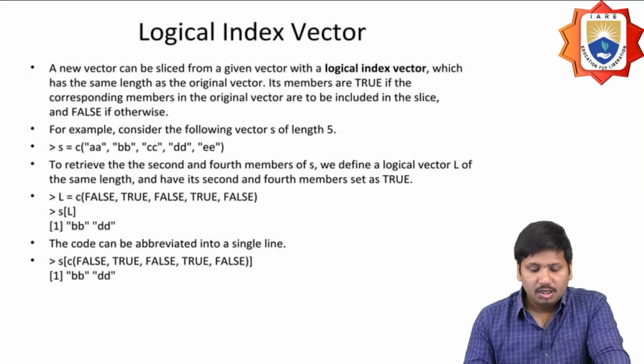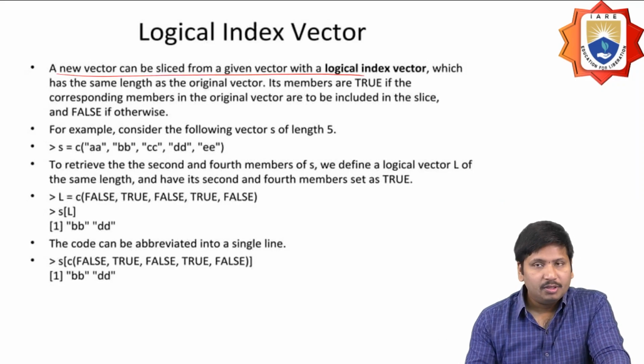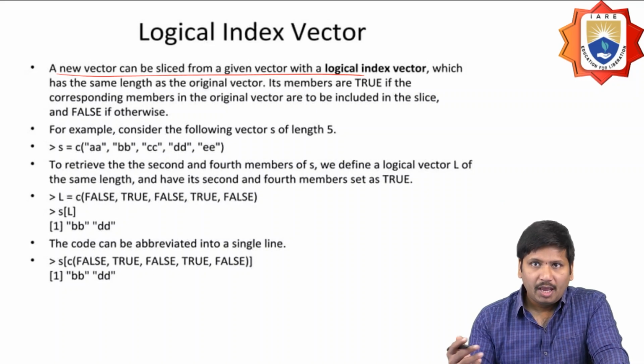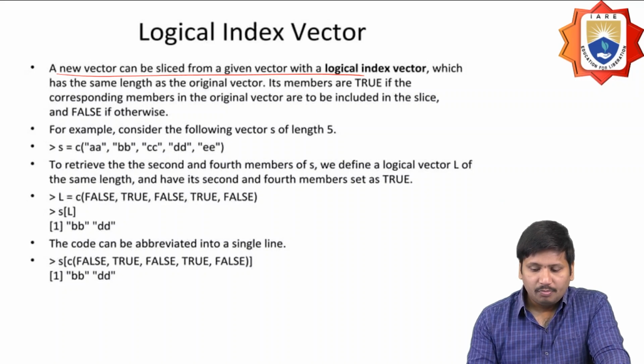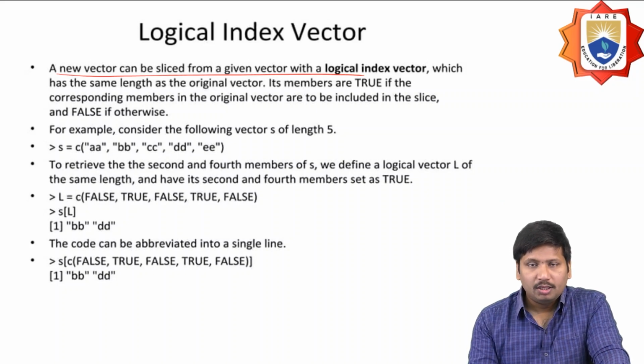And the next one is the logical index vector. So what is this logical index vector? Normally a new vector can be sliced from a given vector by making use of a logical index vector, which has the same length as the original vector. If a member is true, then the corresponding member in the original vector is included in the slice, and if it is false, it is not.